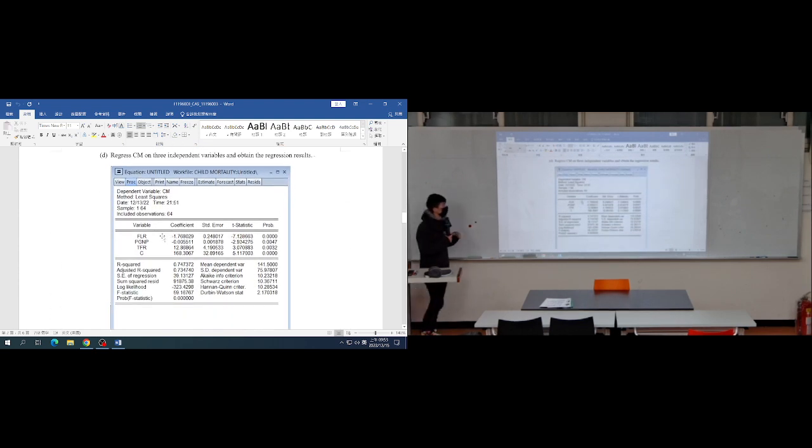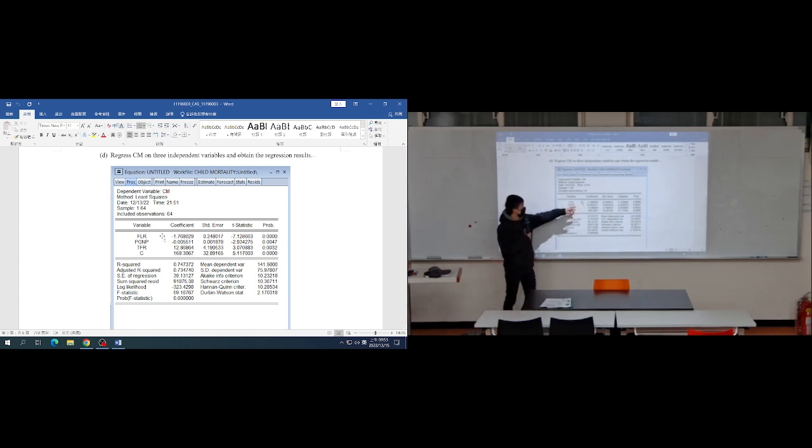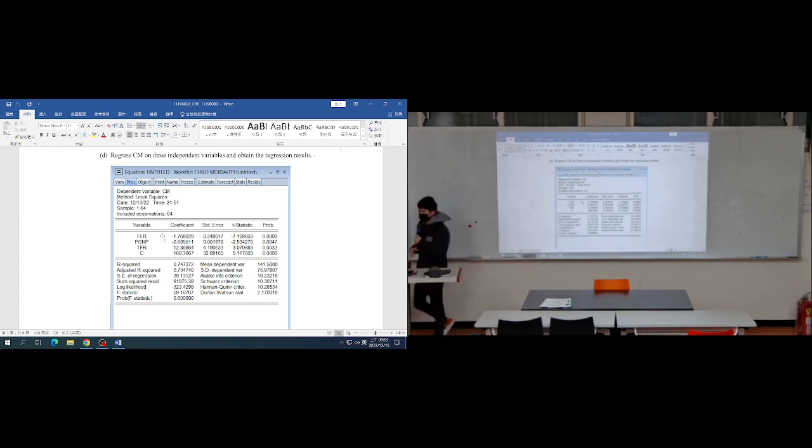And this is the three independent variable model. As you can see, the coefficient is negative for FLR, negative for PGNP too, and positive for TFR. So it matches our expectation.